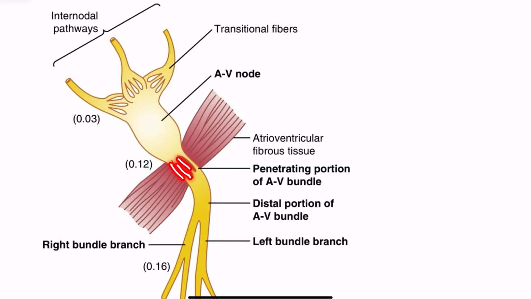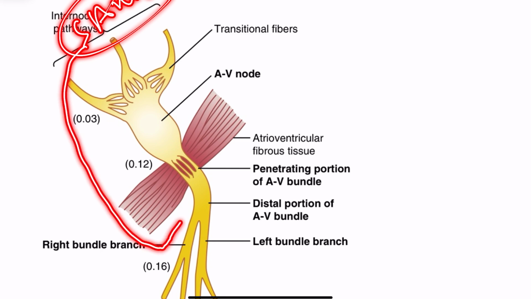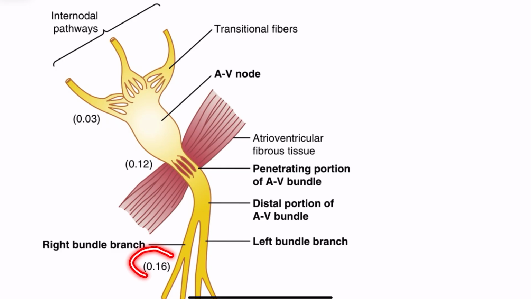In these penetrating fascicles, there is a delay of another 0.04 seconds. If we add 0.04 seconds to 0.12 seconds, it will be around 0.16 seconds. So from the SA node till the end of this AV node, it takes around 0.16 seconds.